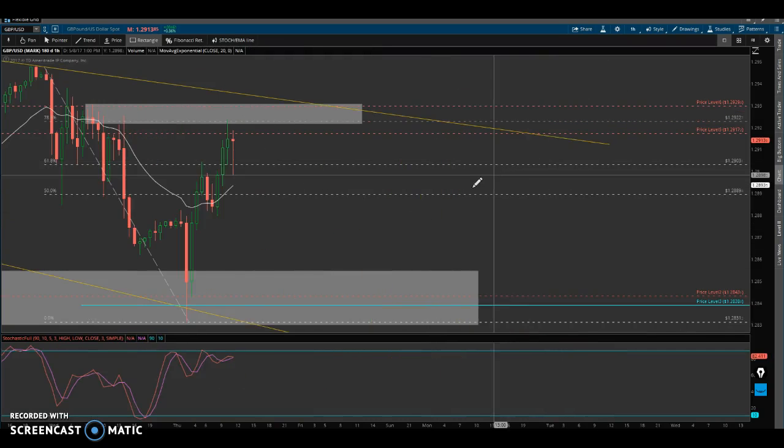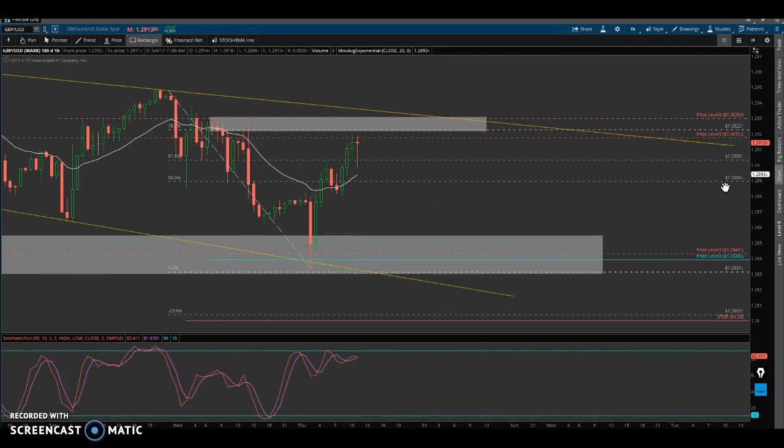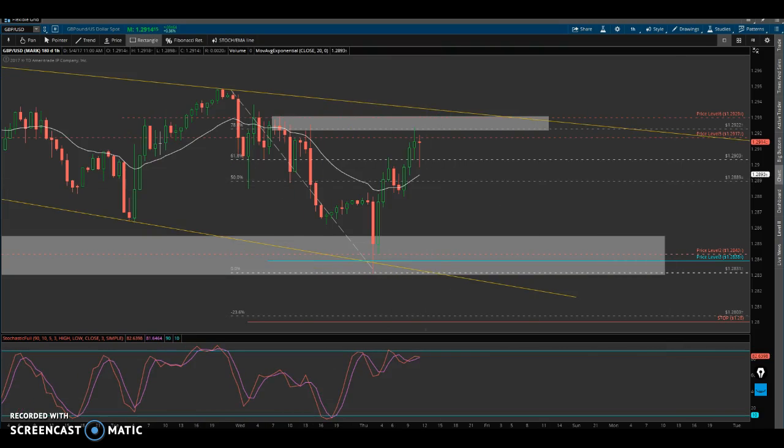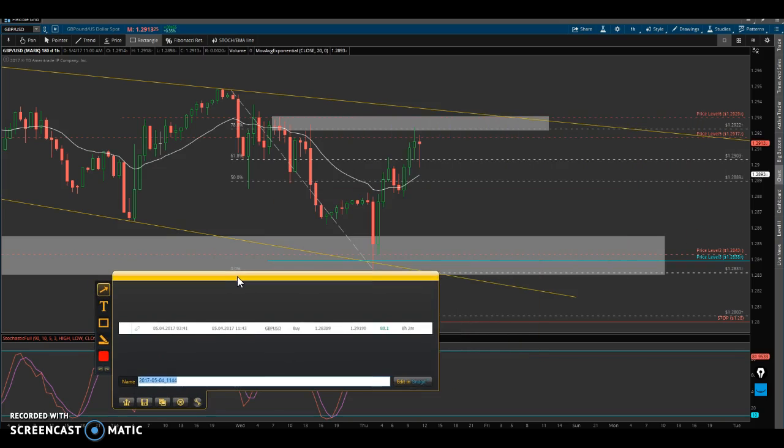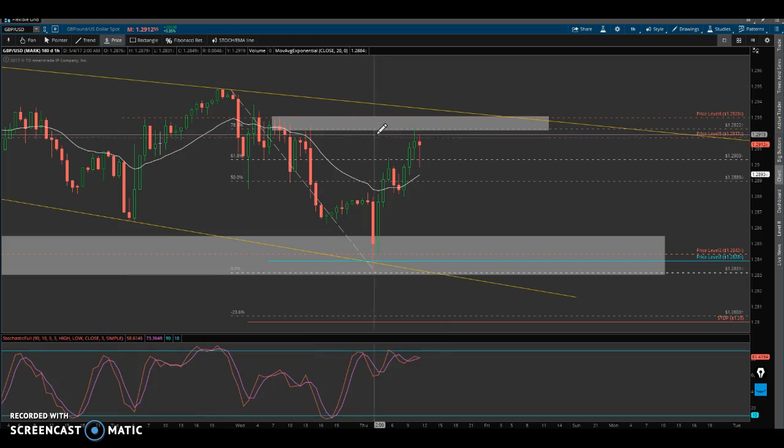So you can see that's where I took profit. Let me bring this up again here to get my exit price. 1.2919 was where I took profit.